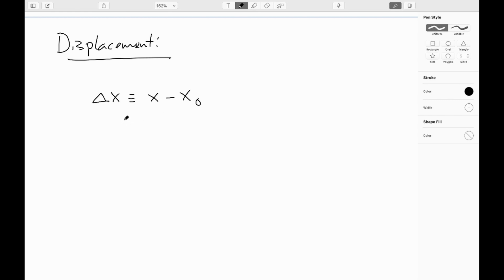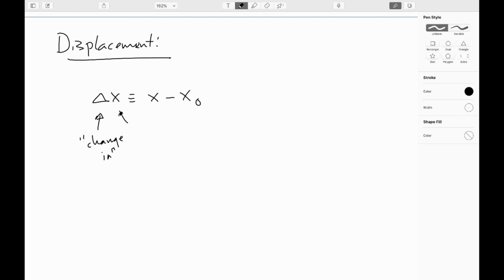Now there's a lot of notation here, so let's unpack that. Whenever you see me write one of these triple equal sign thingies, that just means by definition. When you see a delta, the capital Greek delta that just looks like a triangle, that should be read as change in. And then you would say change in what?